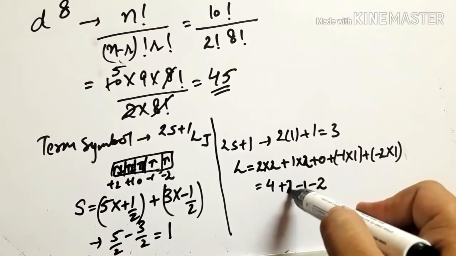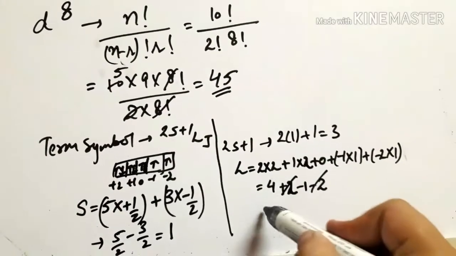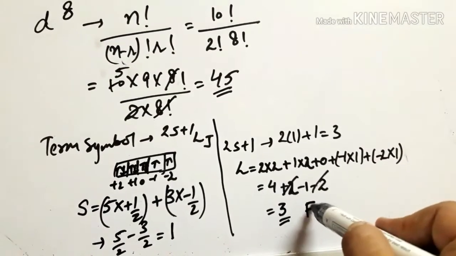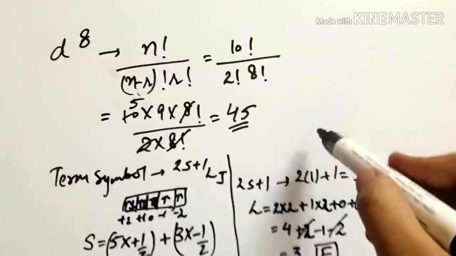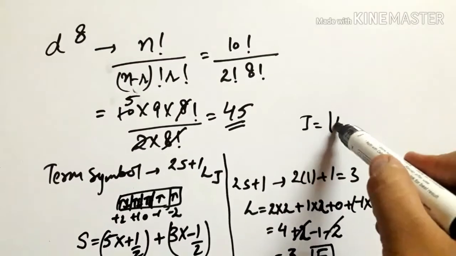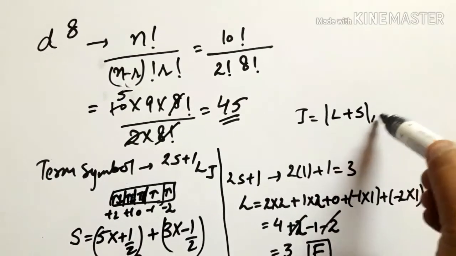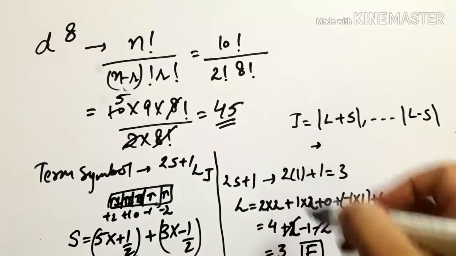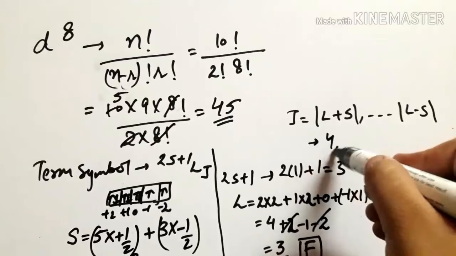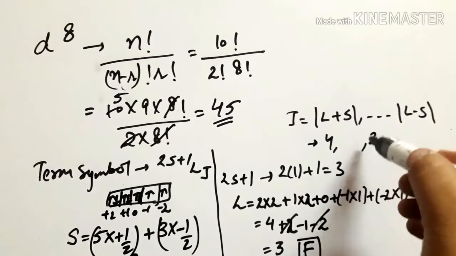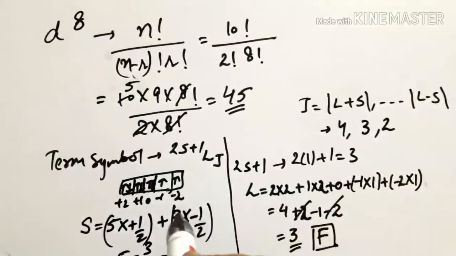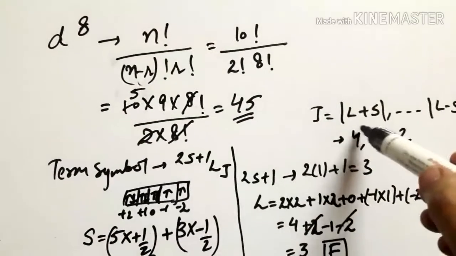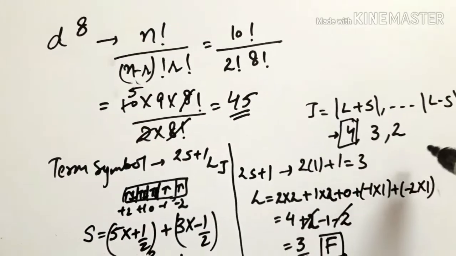Plus 2 and minus 2 are cancelled out and L equals 3, that is F. For J, value is L plus S modulus to L minus S modulus, and we have L plus S, that is 4, and L minus S, that is 2. So 4, 3 and 2, and we have the more than half filled electronic configuration, so we take the highest value of J, that is 4.